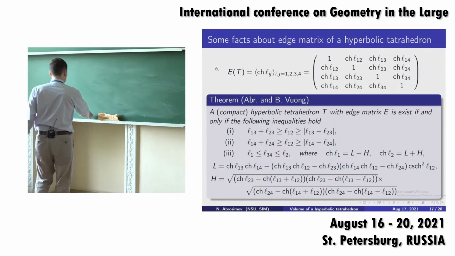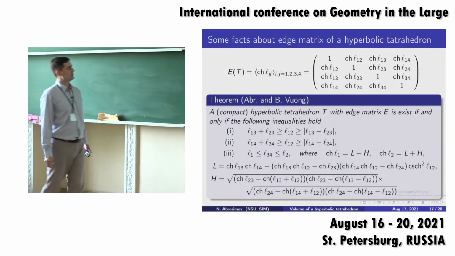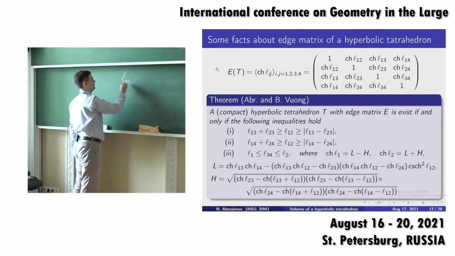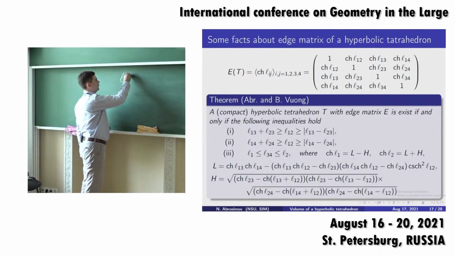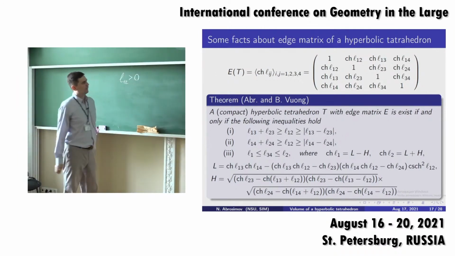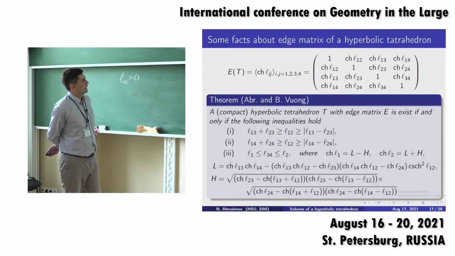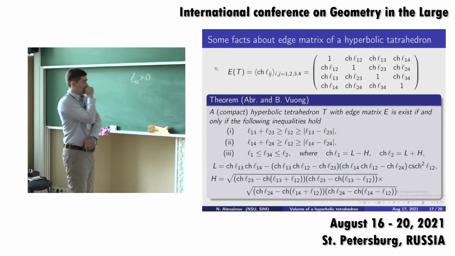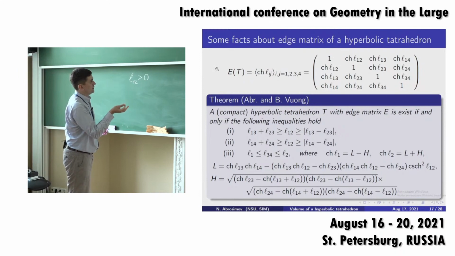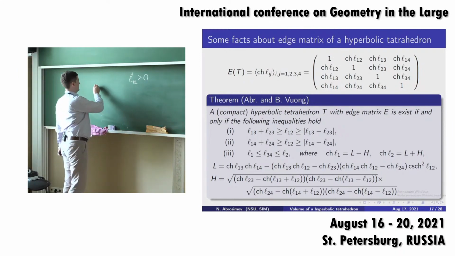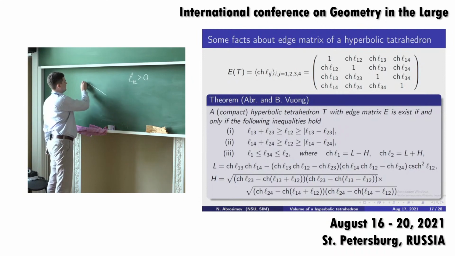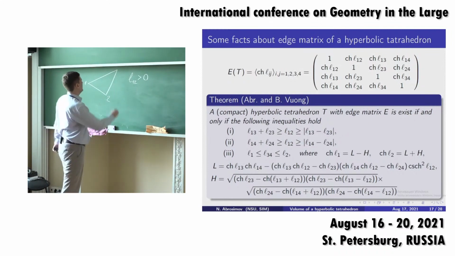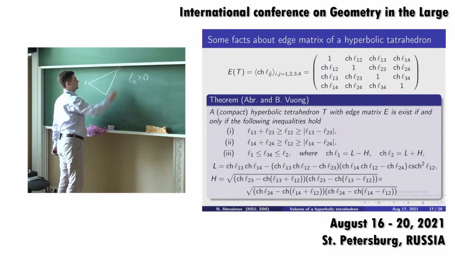Well, first we take a distance L12 to be just any positive real number, right? Arbitrary positive real number, L12. Then the first inequality is just a triangle inequality for the triangle with sides L12, L13, and L23.